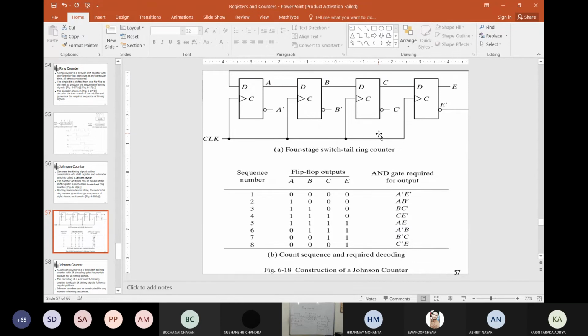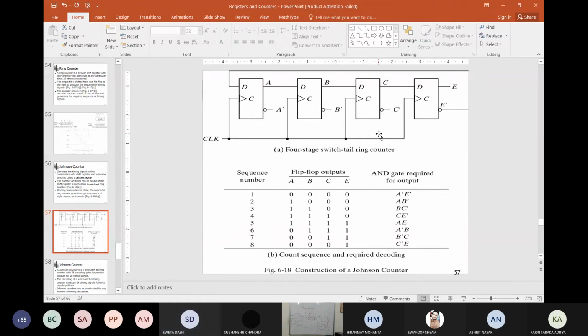Did you understand anything here? This is what Johnson has proposed. What did you understand from that?